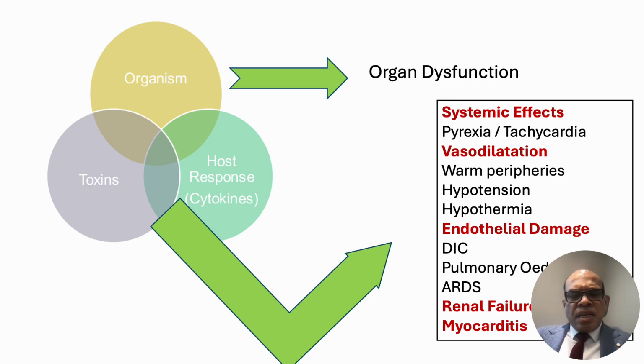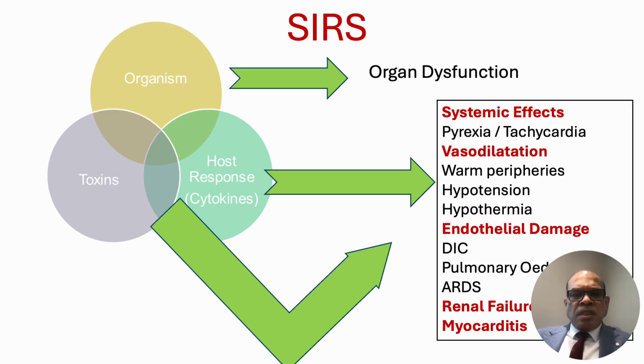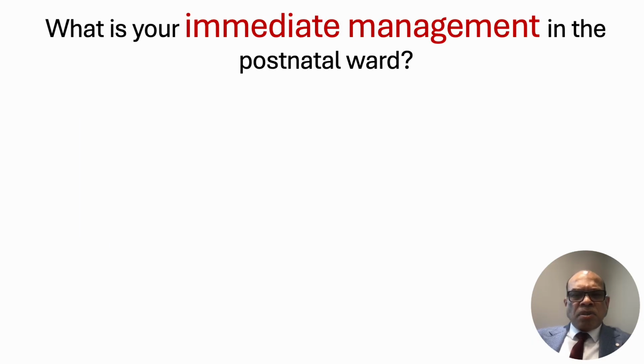Then as the endothelial cells get progressively damaged, you have a risk of disseminated intravascular coagulation, pulmonary edema, and ARDS. And multi-organ failure would include renal failure, and in end stages, it's myocarditis and terminal myocardial failure that results in cardiac arrest and death in sepsis. So this is the systemic inflammatory response syndrome.